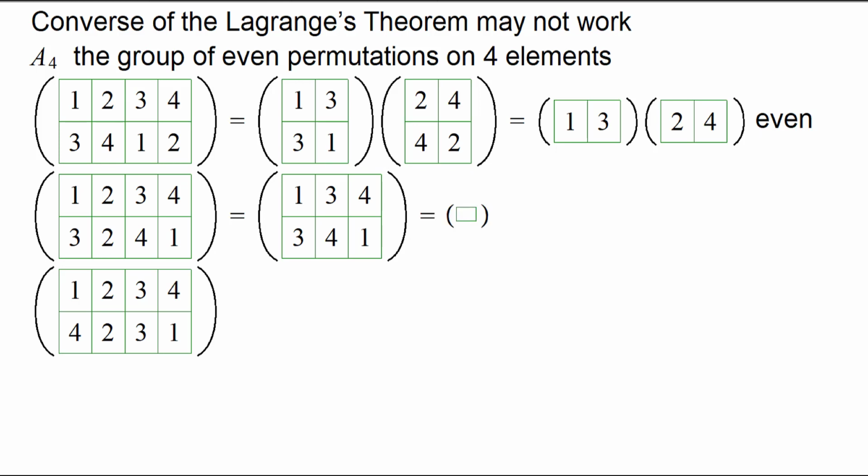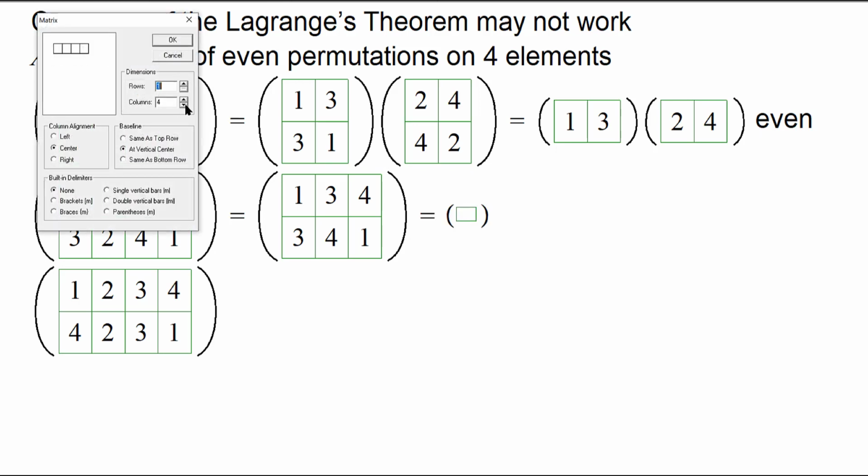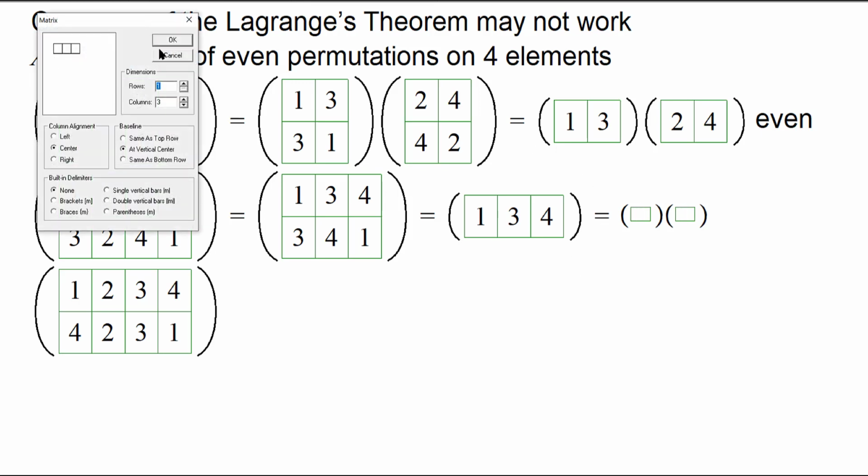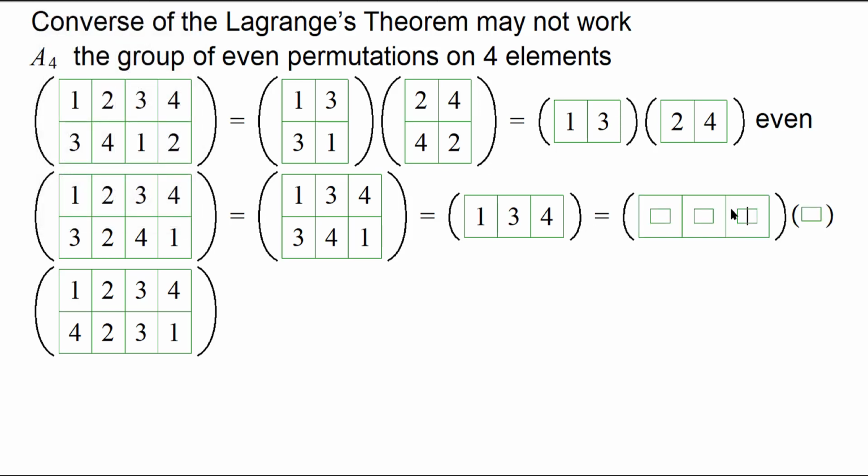Here our situation is different: we have a cycle of length 3. Again we can write this as a product of transpositions, cycles of length 2, multiplying from the right.